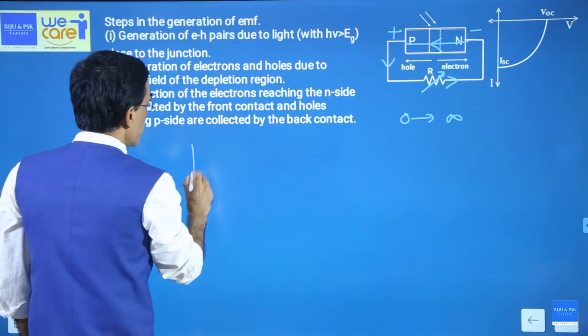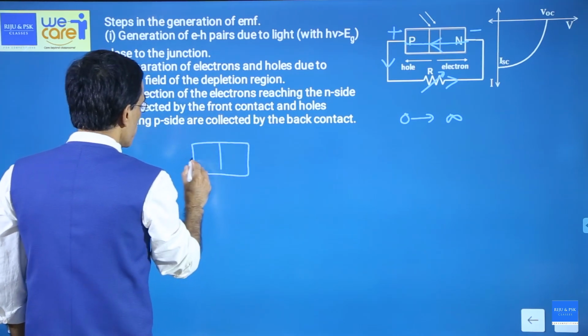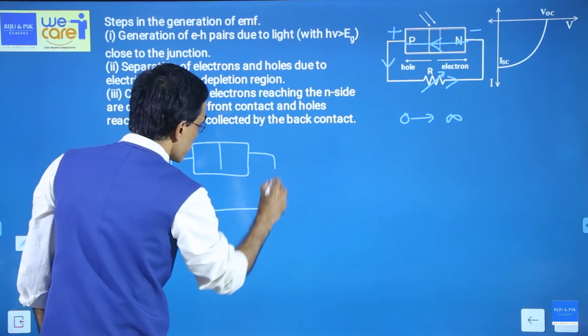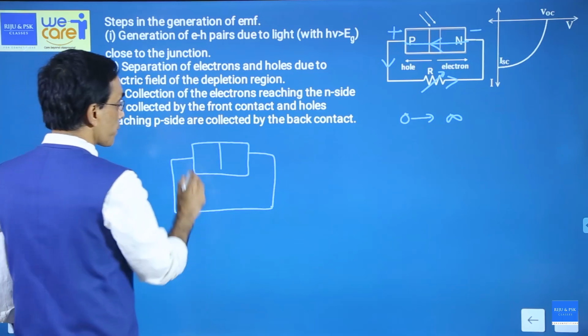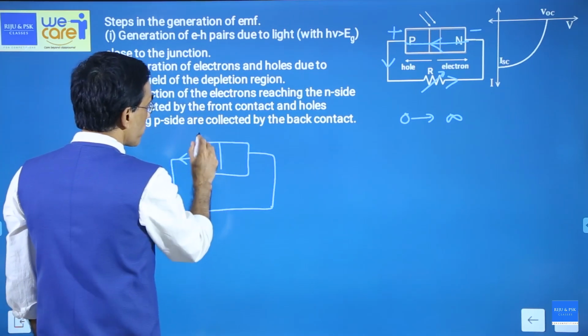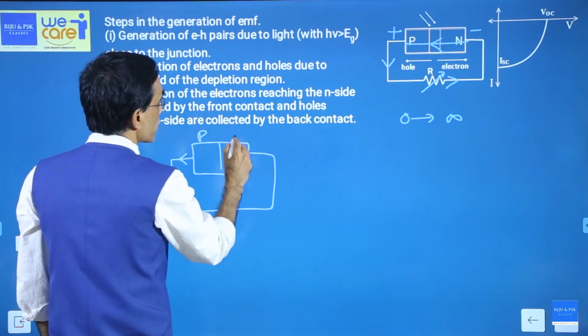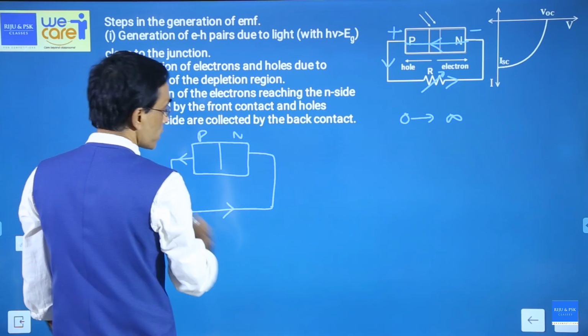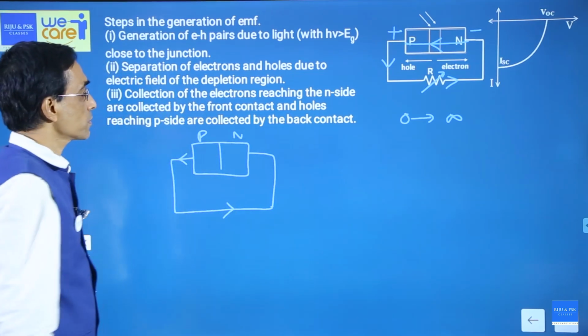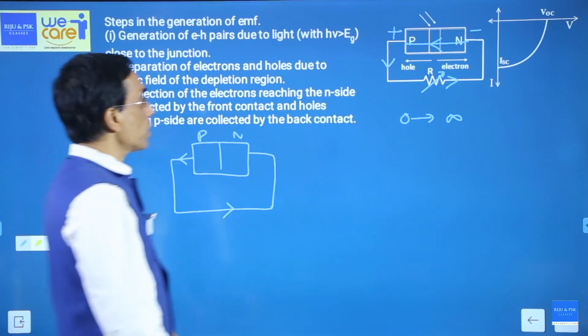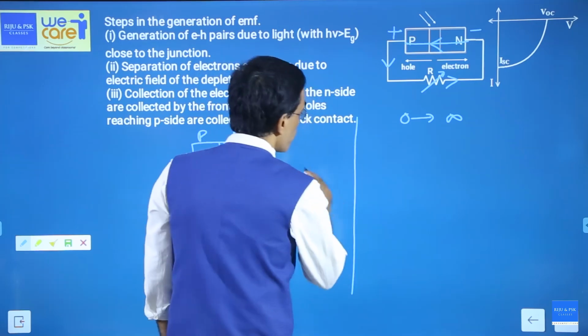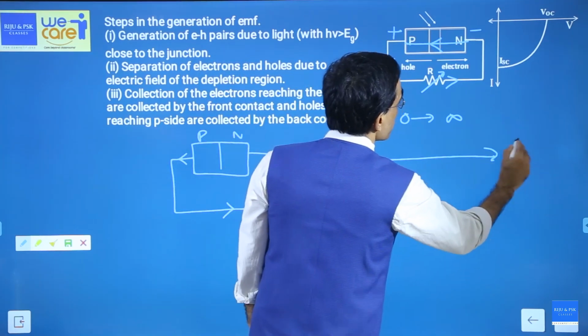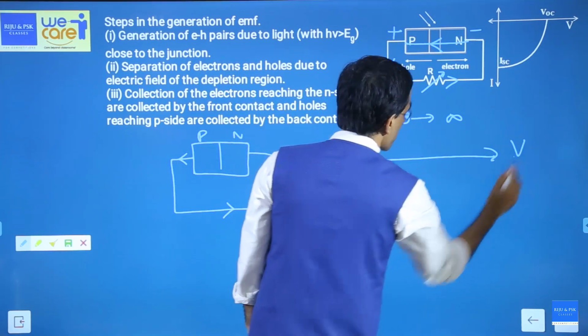If it is 0, then your solar cell will be directly connected like this. Current will flow from the P side to the N side, like this. Clear? This is drawn in the fourth quadrant.